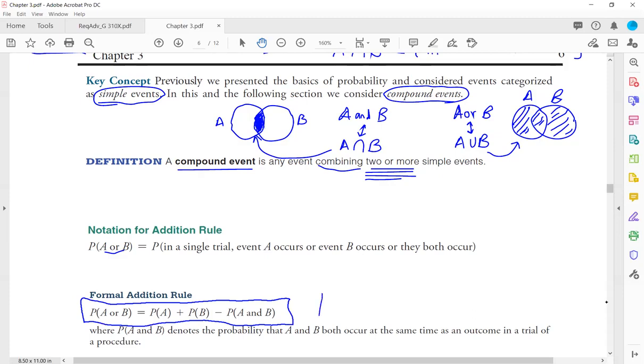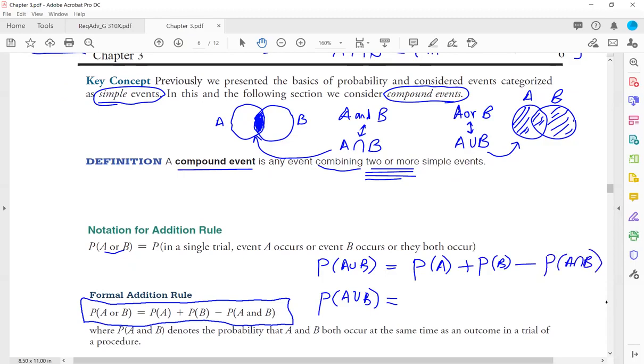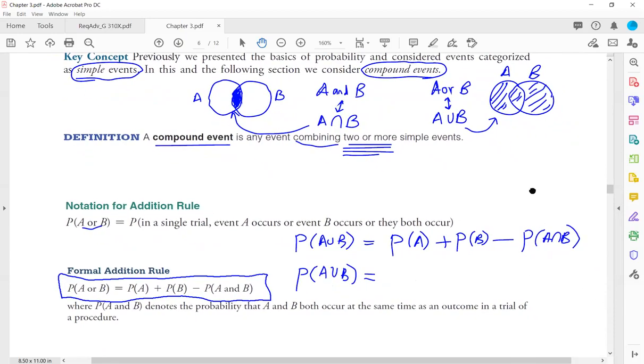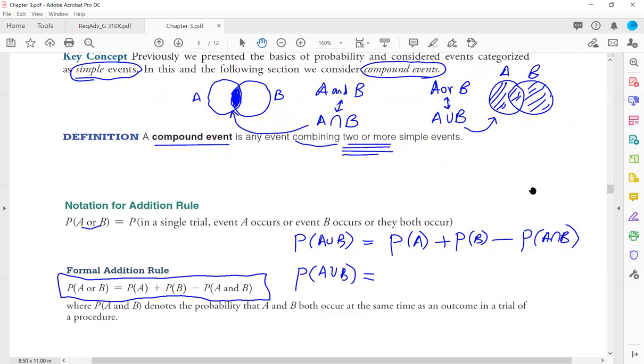So P of A union B is P of A, the probability of event A, plus the probability of event B, minus the probability of their intersection. We learned that probability is a function that is represented using fractions.